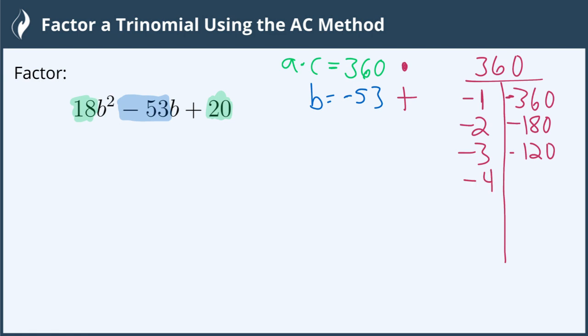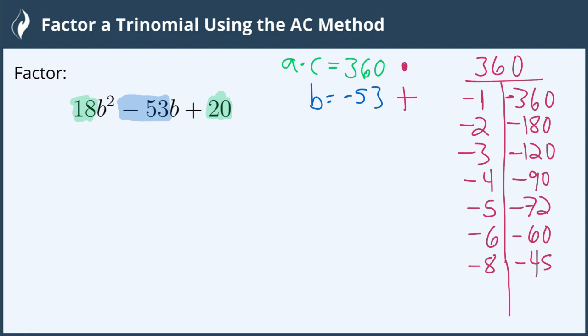Negative 4 is times negative 90. Negative 5 is multiplied by negative 72. Negative 6 is multiplied by negative 60. Negative 7 does not go in evenly to 360, so we will skip that. Then we have negative 8 is multiplied by negative 45 to get 360.